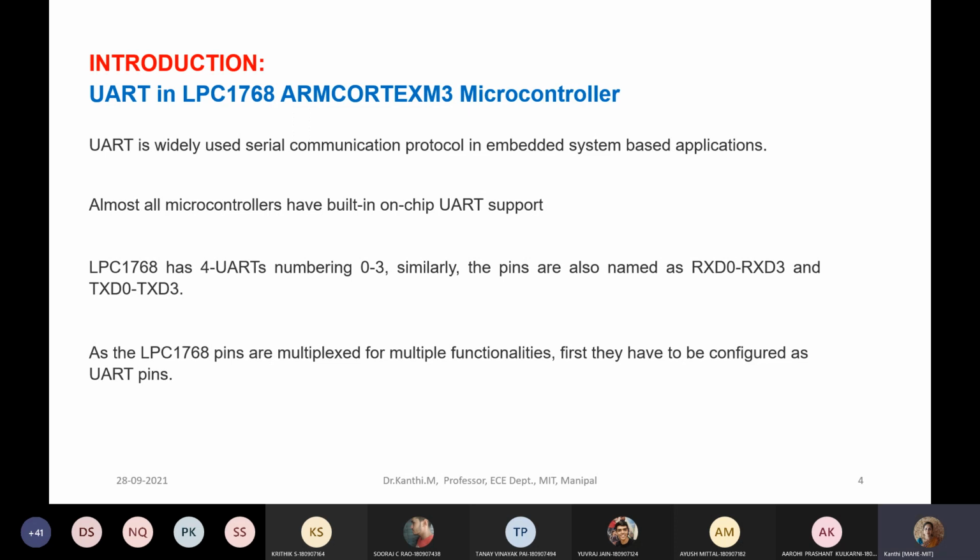The LPC1768 pins are multiplexed for multiple functionalities. I want to minimize the area for which I use a particular pin, for various reasons, so those are multiplexed.